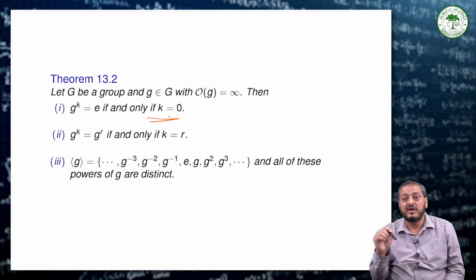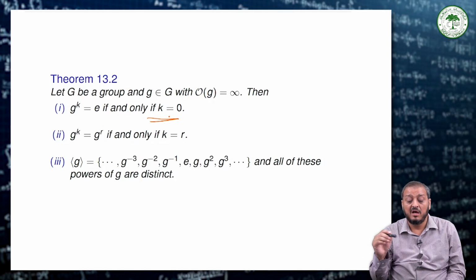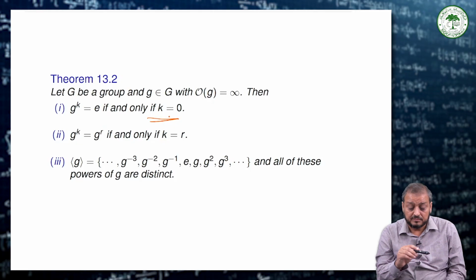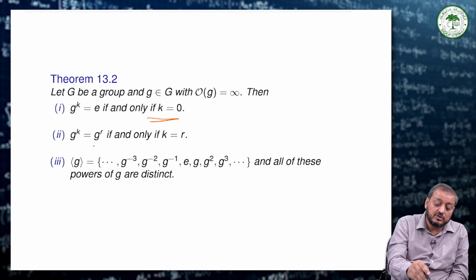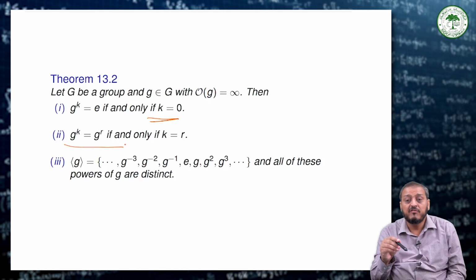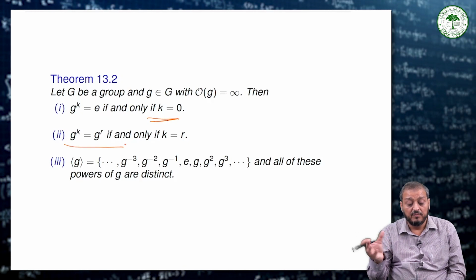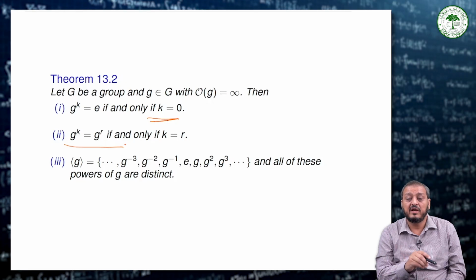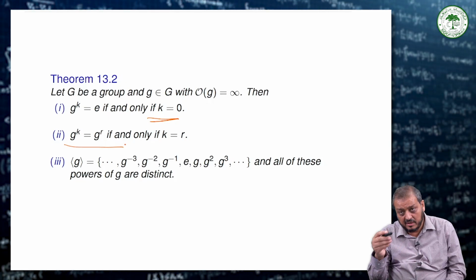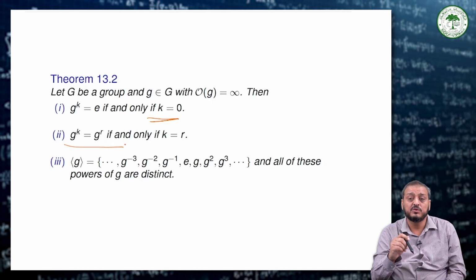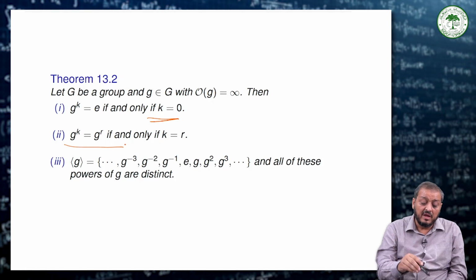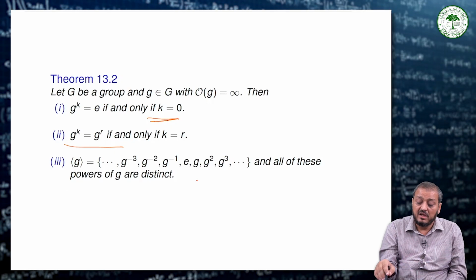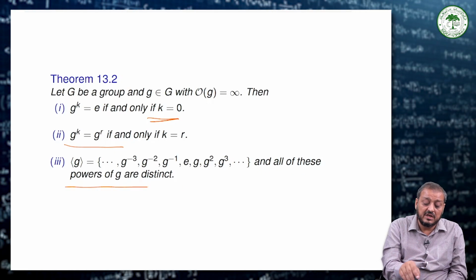In the case of a finite order n, we can say that n divides k, and g to the power k is the same as g to the power r if and only if k is congruent to r mod n. And all these powers of g are distinct.